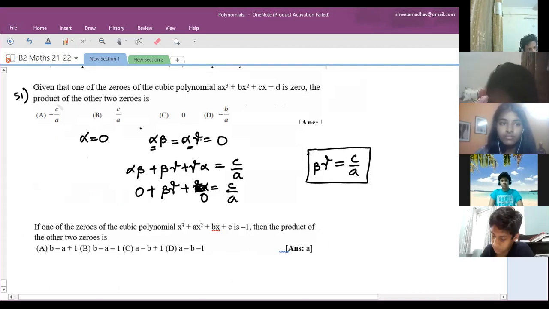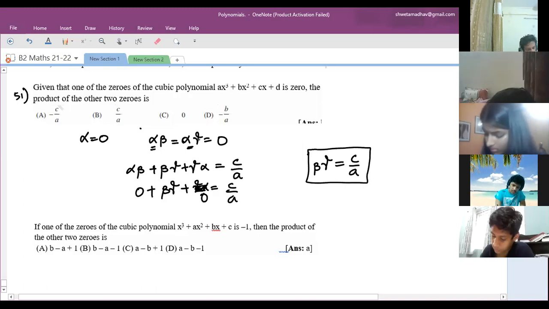Alpha beta is equal to alpha gamma is equal to 0 because alpha is 0, so alpha into beta will be 0. Ma'am, I didn't understand the second part. How did you get that alpha beta plus beta gamma plus gamma alpha is C by A? Just now you understood this one, that relation.